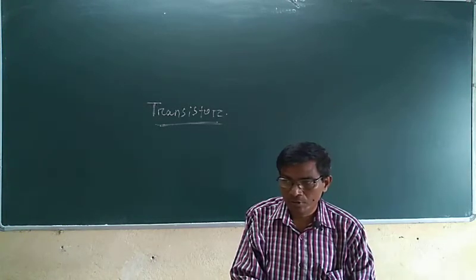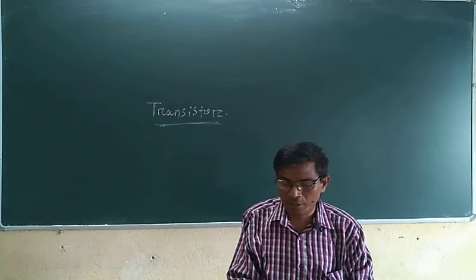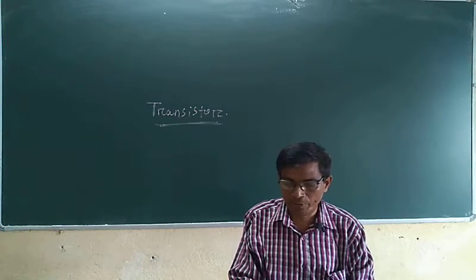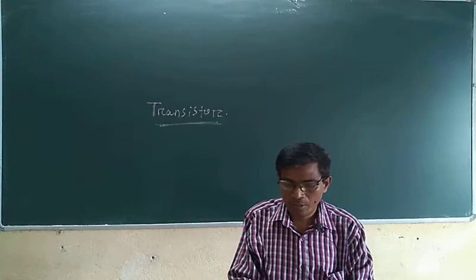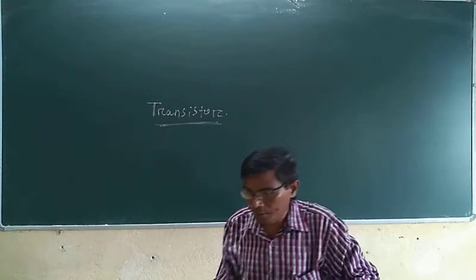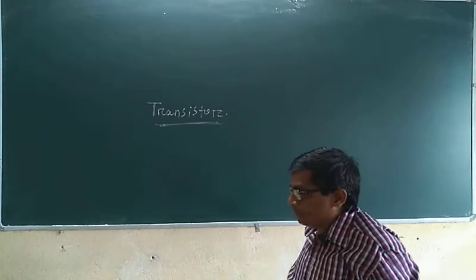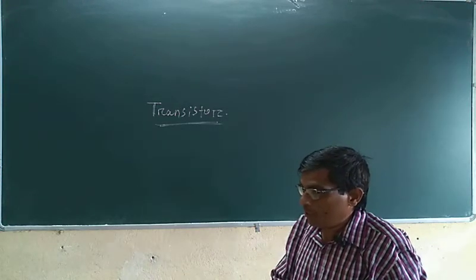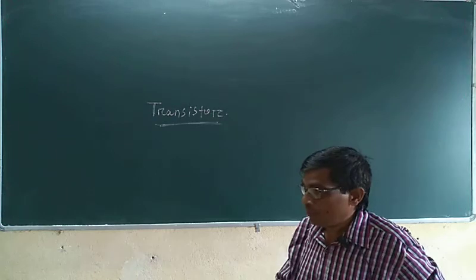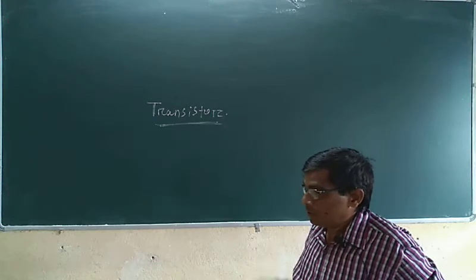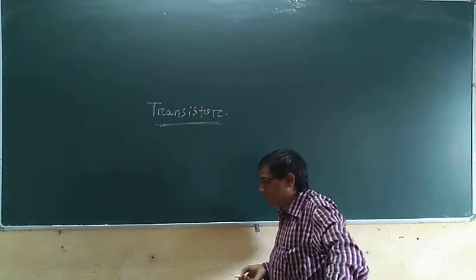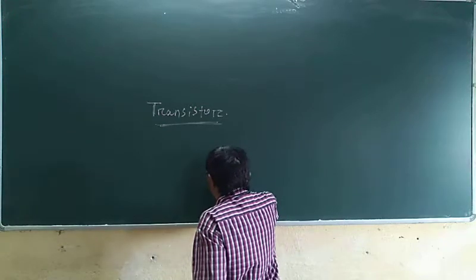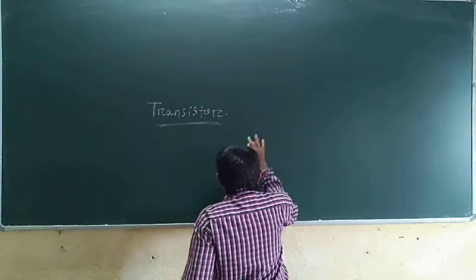We discussed in the previous class the PN junction diode and its characteristics, its properties, and also application of a PN junction diode. But transistor is nothing but it is formed by two PN junction.